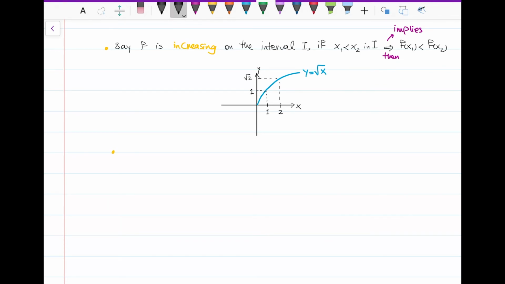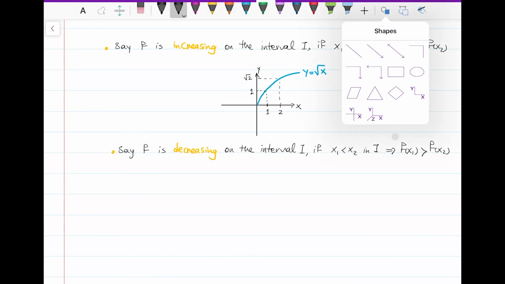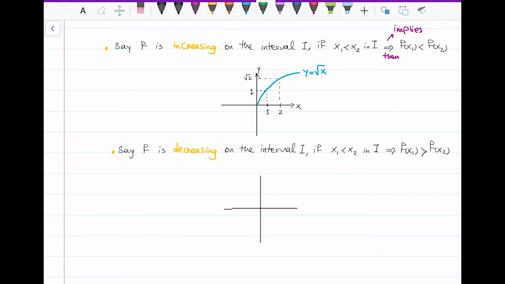On the other hand, we say f is decreasing on the interval I if x1 less than x2 in I, then f of x1 is greater than f of x2. That's the difference between these two. As an example, look at this function.